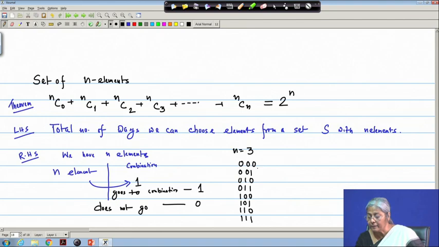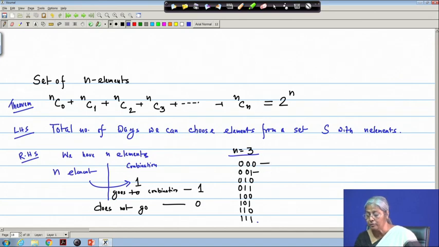So, these are the ways. That means here I have not chosen any element, here only this element goes to the combination, here this element goes to the combination, and so on. These are all possible ways we can take the combination. Here we have covered, when n equal to 3, all the combinations.